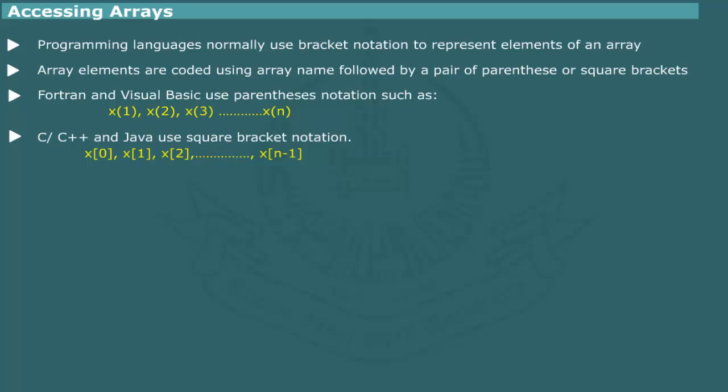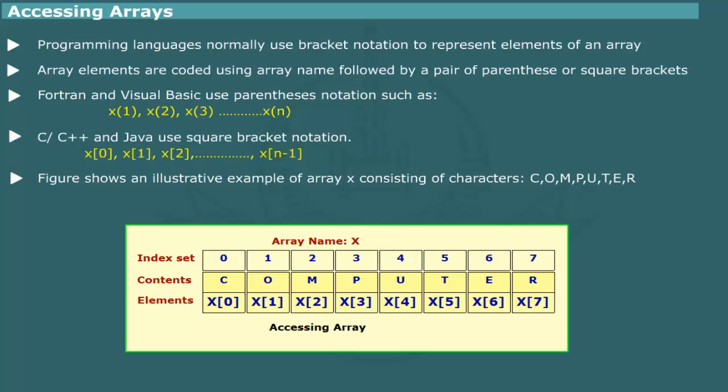Sometimes, index is also referred to as subscript and index set as subscript variable. The contents of an array are often pictured using the name and index values. Figure shows an illustrative example of array X consisting of characters C, O, M, U, T, E, and R.